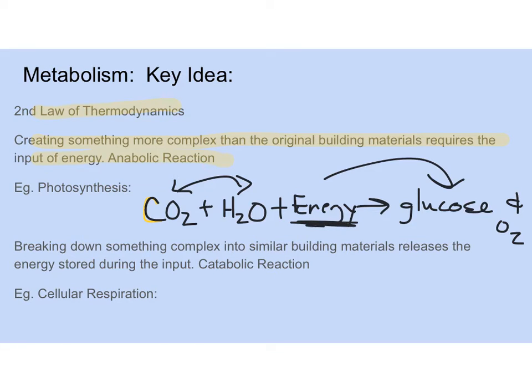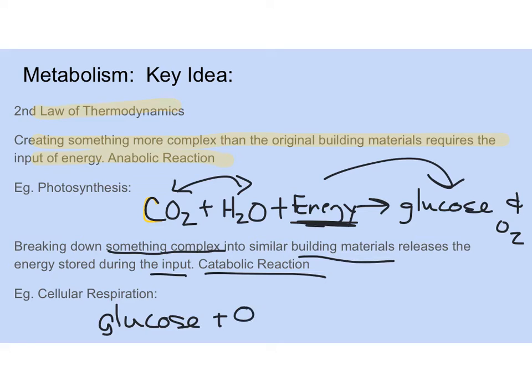Now, the exact opposite is if you take something complex like glucose and break it into the building materials, something simpler, then you release the energy, and that's catabolic reactions. An example would be cellular respiration, because cellular respiration is the opposite of photosynthesis. We take glucose, complex, and we require oxygen.